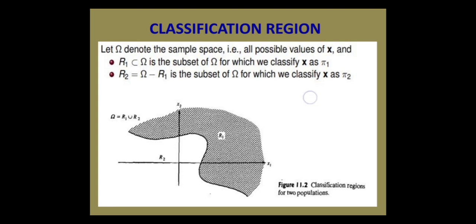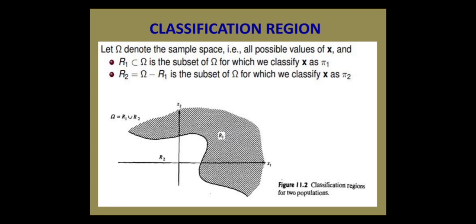Let omega denote the sample space, which is all the possible values of X. Maksudnya semua sekali lah dekat sini, omega tu. And R1 will be a subset of the omega, which is R1 will be the first region dalam contoh ni, figure 11.2.